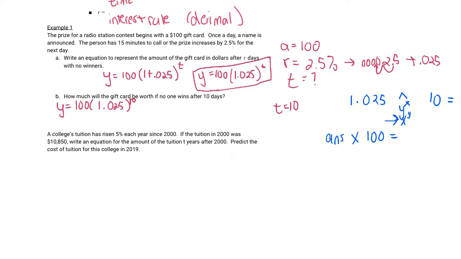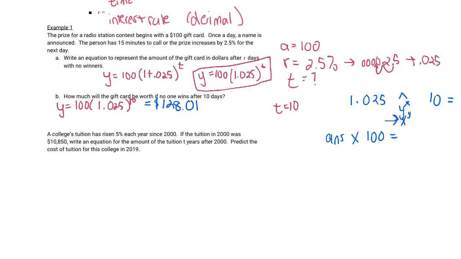I don't want to round now. I'm not going to write this number down because the more decimals I have, the more accurate my answer will be. So I leave it here, and I'm just going to press times 100 equals. This now is my final answer. Y is going to equal $128.01.